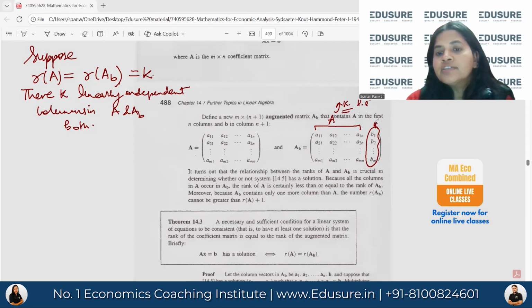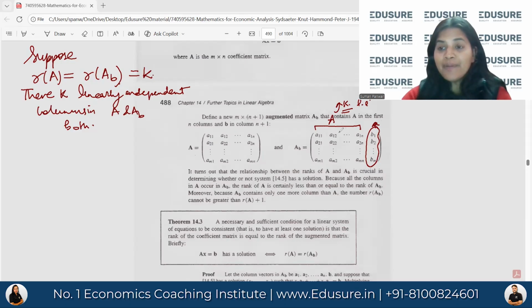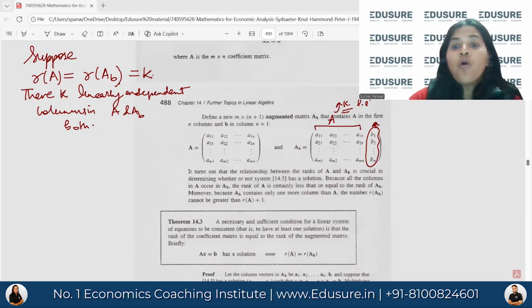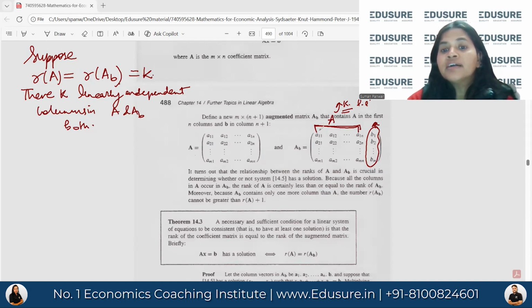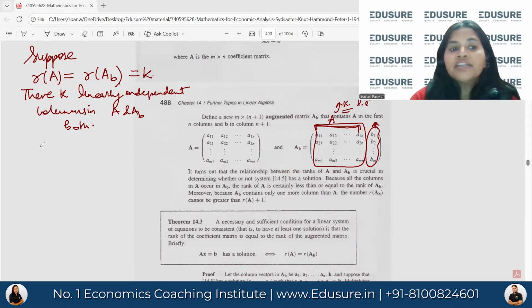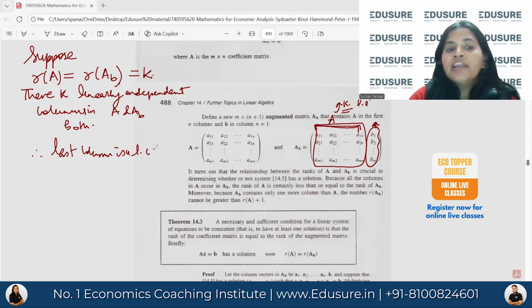Now if this is also linearly independent, then I'll get K plus 1 linearly independent columns in A, which is wrong. So all the linearly independent columns are sitting in the first set only. Okay, what does it mean? It means the last column is a linear combination of the first n columns.